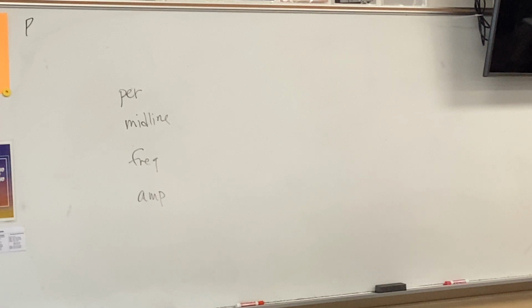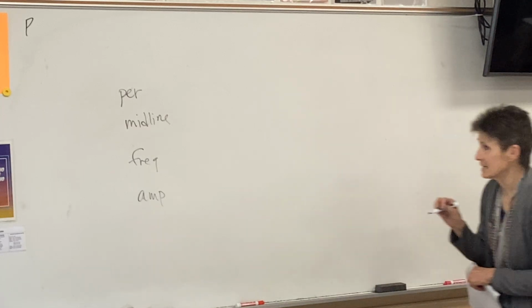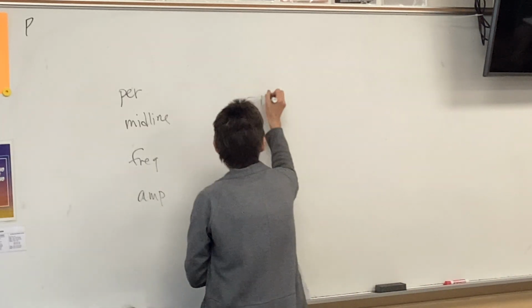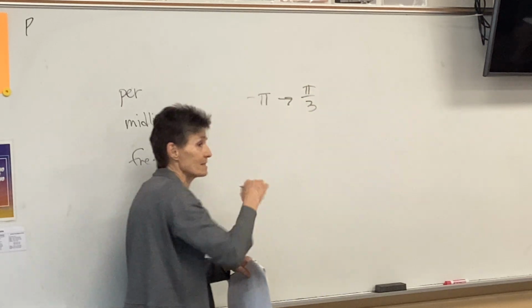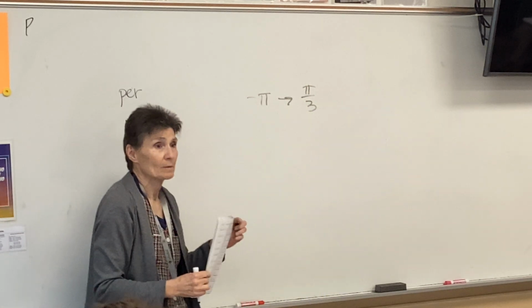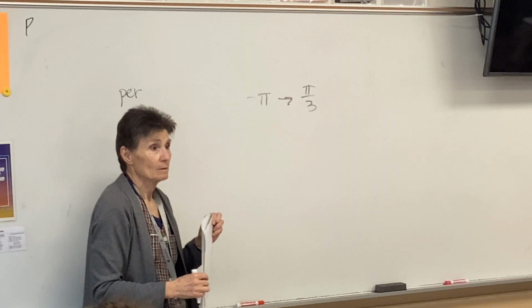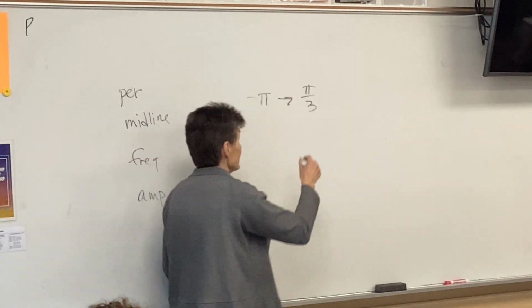So the first low point is at negative pi, and the first high point is at pi over 3. Those are labeled. I don't need to figure them out. How far is it from negative pi to pi over 3? What would that distance be? 4 pi over 3.